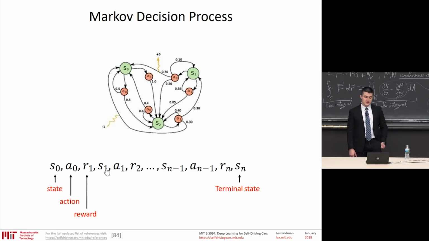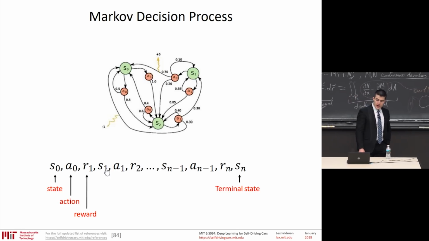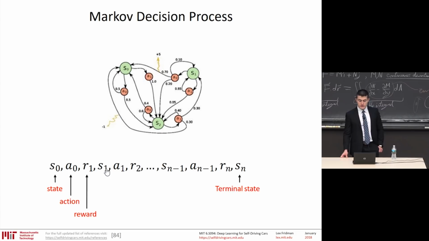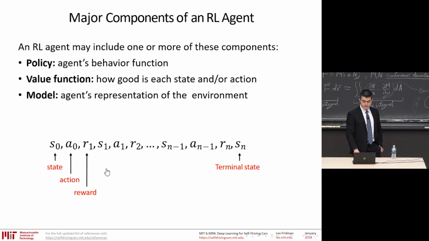Markov decision process. There's a state S0, action A0, and reward received. A new state is achieved. Again, action, reward, state, action, reward, state, until a terminal state is reached.